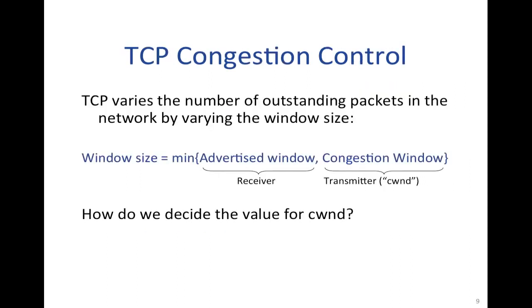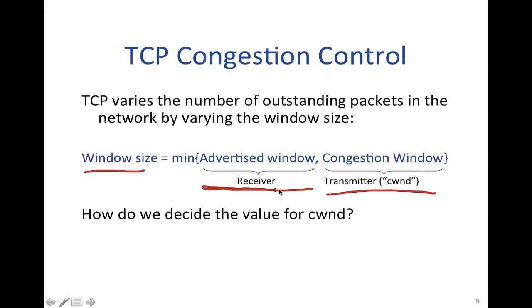More specifically, with TCP congestion control, TCP is going to vary the number of outstanding packets in the network by varying the window size. And it's going to set the window size instead of just being the advertised window, which is what it used before, which came from the receiver to stop overwhelming the receiver. It's also going to take into consideration something called the congestion window. This is something which is calculated at the source.